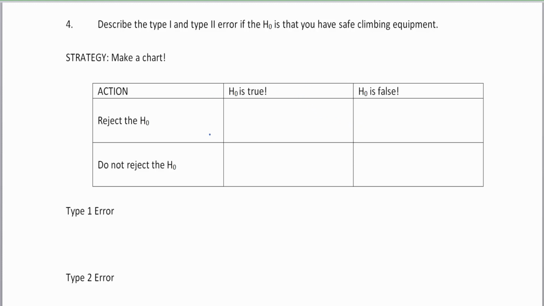So just making this chart on a separate piece of paper is super handy, because here I can say, okay, if my null hypothesis is that I have safe climbing equipment and the null hypothesis is true, then my equipment is safe. And that's awesome. Now, what if the null hypothesis is false? Well, that's then going to be unsafe.